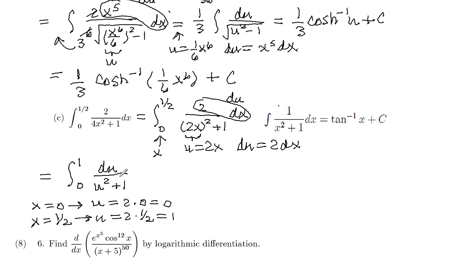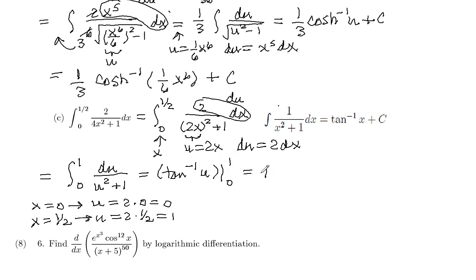And then the antiderivative of 1 over u squared plus 1 is going to be inverse tan of u. So this is going to be inverse tan of u. And it's a definite integral, so we don't have a plus c, but that's going to get evaluated from 0 to 1. So plug in 1, plug in 0, and subtract.